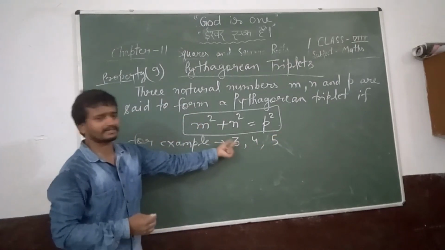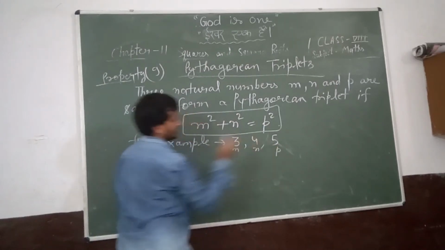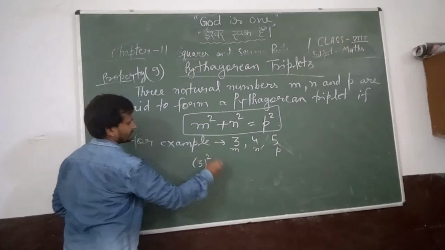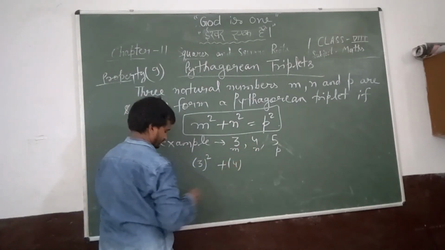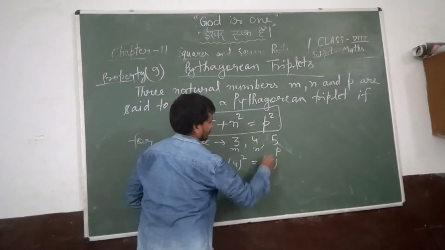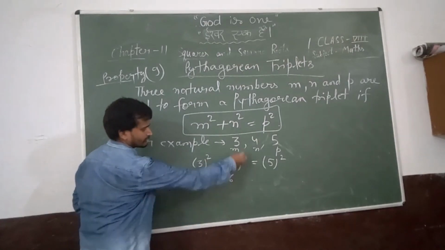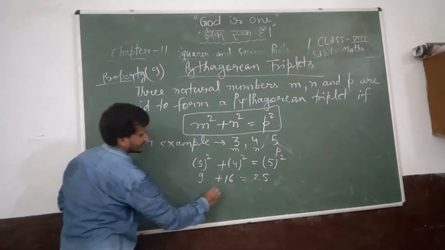Let this be m, this be n, this be p. Square of m is 9, square of n is 4 square, 16, square of p is 5 square, 25. 16 plus 9 is 25.